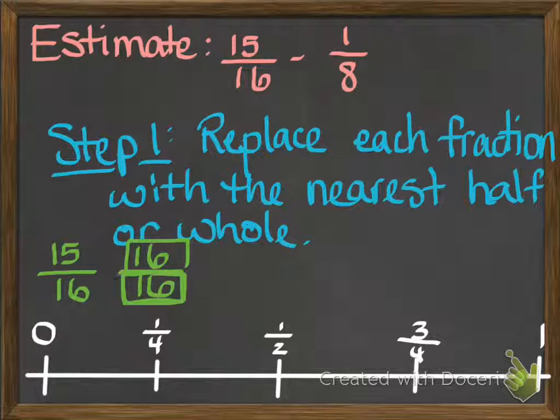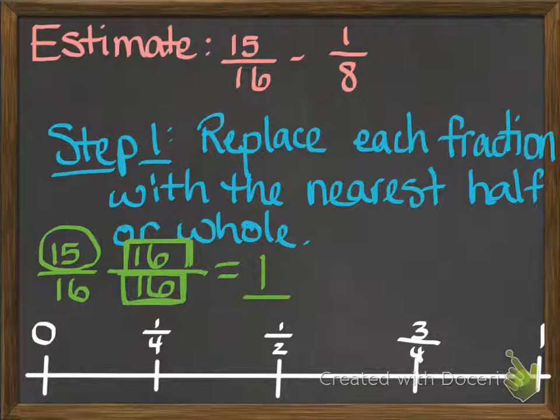If I cut the pizza into 16 pieces and I ate all 16, I ate the whole pizza. So when the bottom number and the top number, when the numerator and the denominator are both the same, that equals 1. So I was really close to 16/16. I was really close to 1. Okay, so 15/16 is going to be very close to 1.